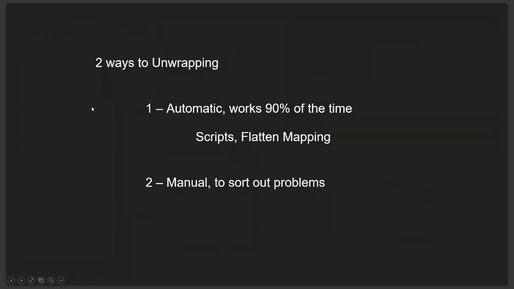So moving on, we have two ways of doing this unwrapping. We've got way number 1, which is automatic, which works really well most of the time. And we've got scripts for that. And we've got the flatten mapping straight into 3ds Max. And that works very well. But we have some problems with that. So there's a manual way.